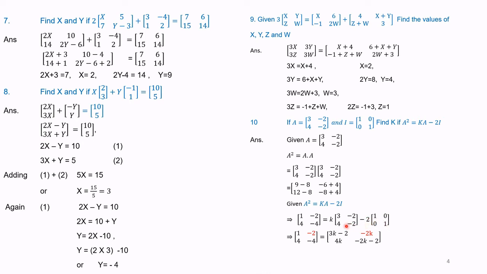Then we get 3k minus 2 and minus 2k plus 0 and 4k plus 0 and minus 2k minus 2. This we have written here. So, comparing the equation, we get here, you see, minus 2k is equal to minus 2, or k is equal to 1. Hence, we have solved this problem.